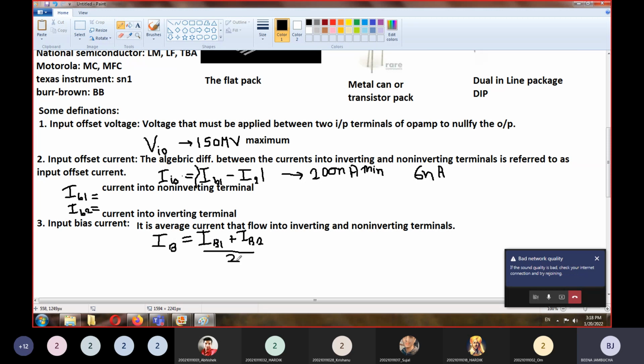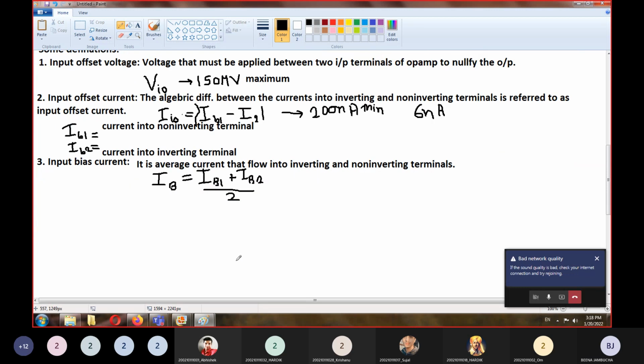Is it clear? Yes, ma'am. Okay. And for 741, this value is near about 500 nanoampere maximum.